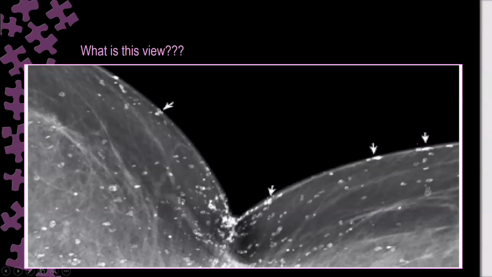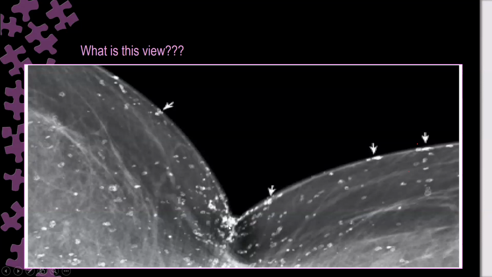And this is where? This is what? This is not between the two breasts? Between the two breasts. Yeah. So this is the angle between the two breasts. You see, this is one breast and this is the other breast.